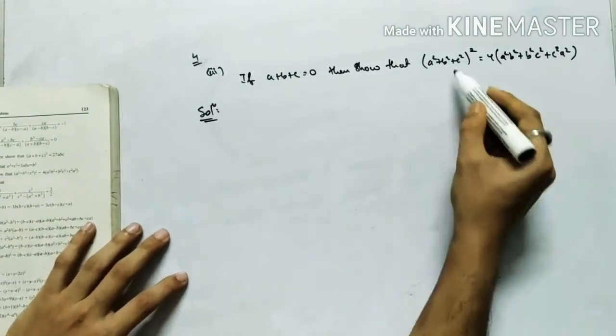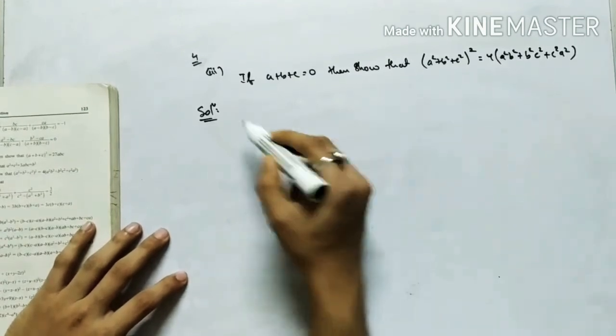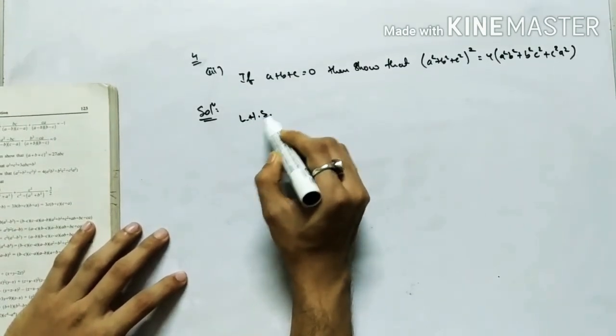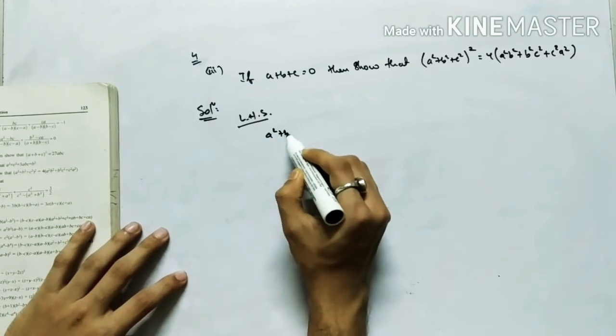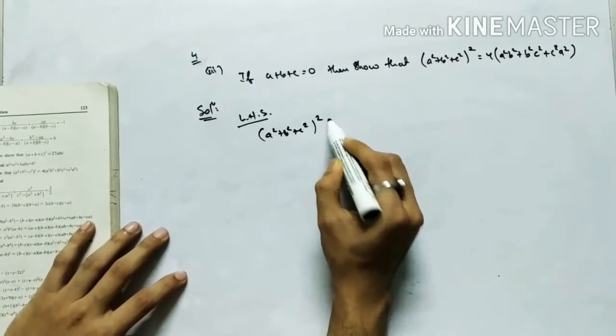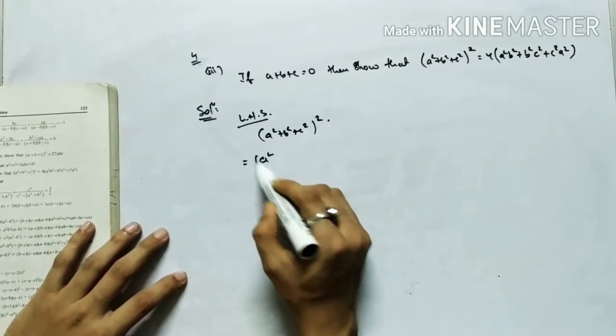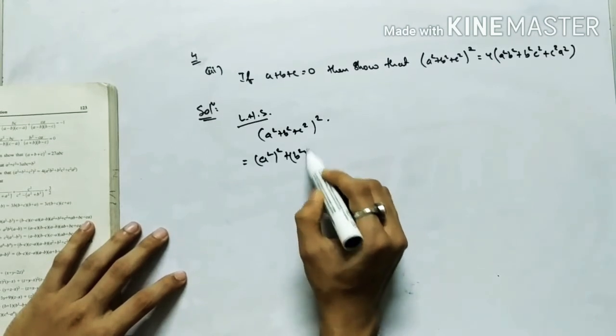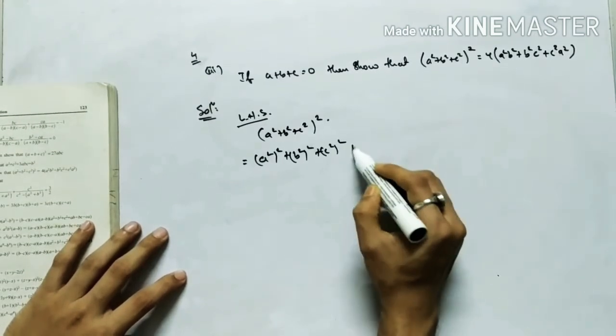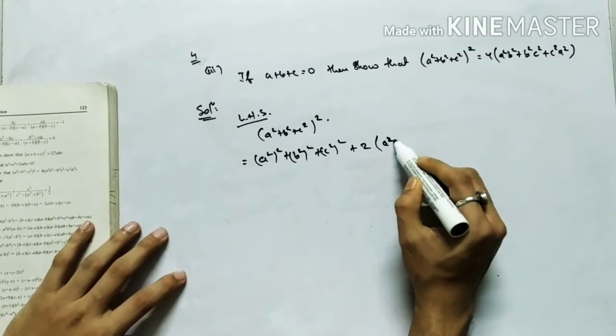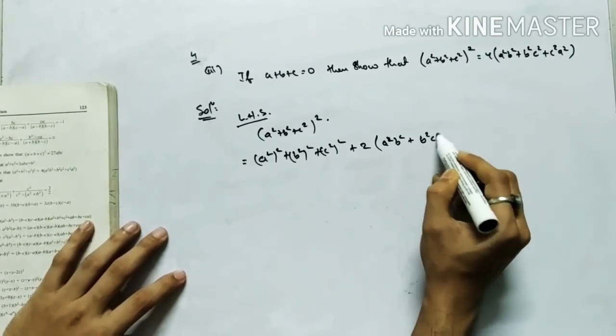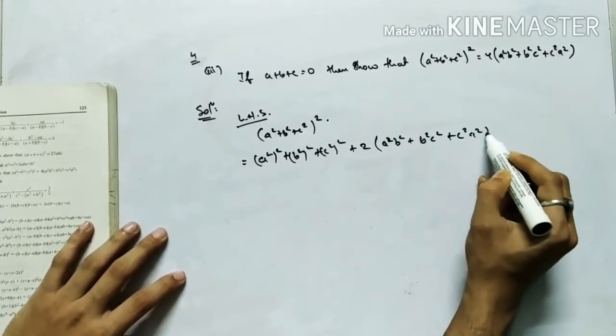Now in here you see, I will take the LHS. So this is (a square plus b square plus c square) the whole square. This becomes (a to the power 2) the whole square, (b to the power 2) the whole square, (c to the power 2) the whole square, plus 2(a square b square plus b square c square plus c square a square).